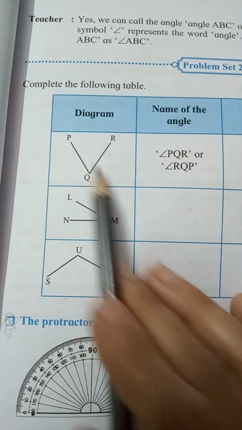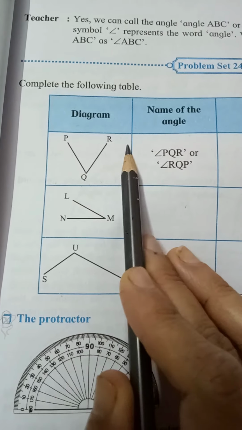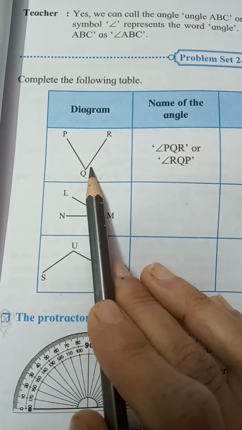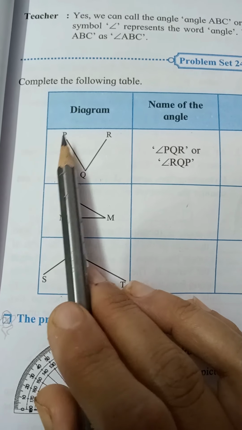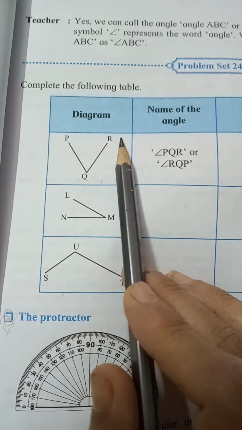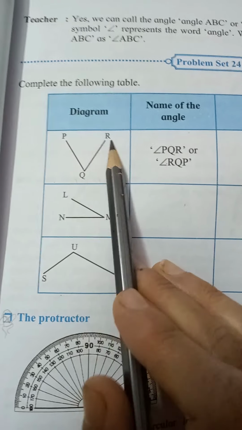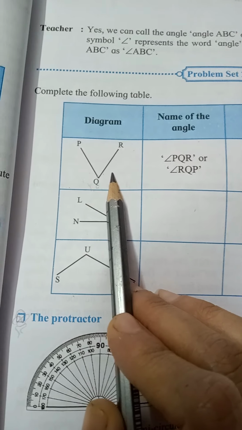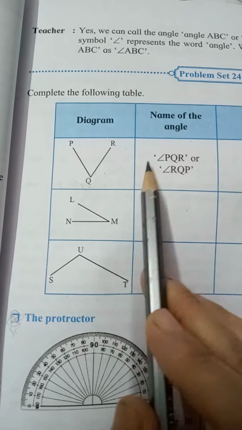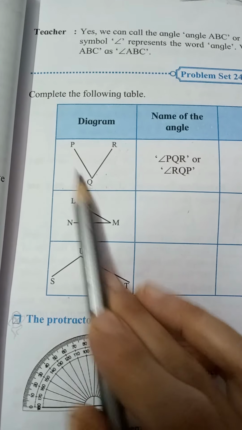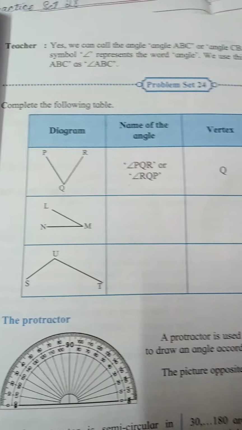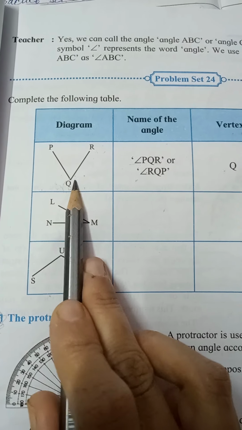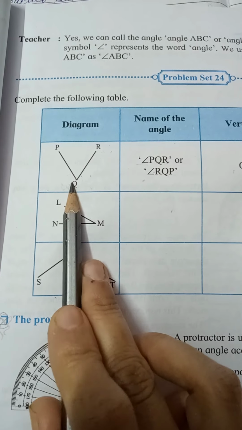Name of the angle is written PQR. Remember it. We have to write the angle name in this form, PQR, or you can write RQP. From both sides you can read the name of the angle. PQR, RQP, both are the same. What is vertex? This middle one. This point is called vertex.